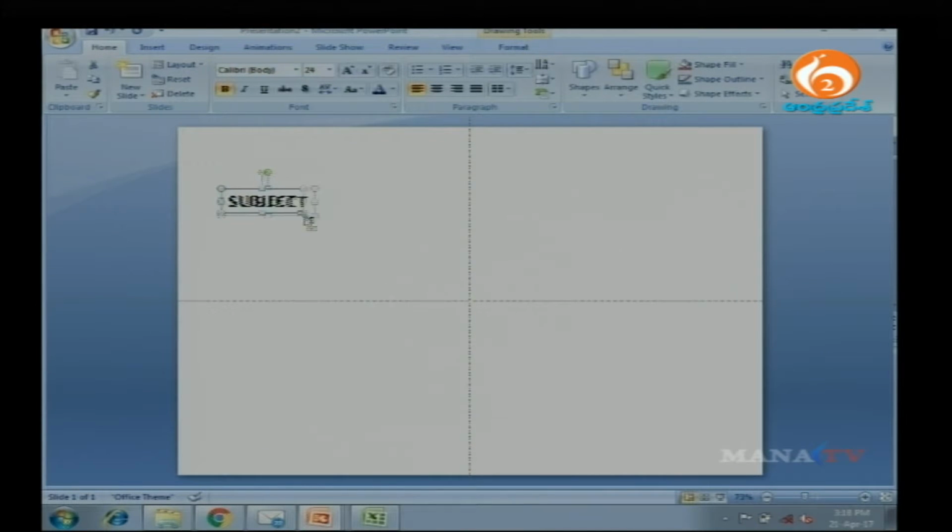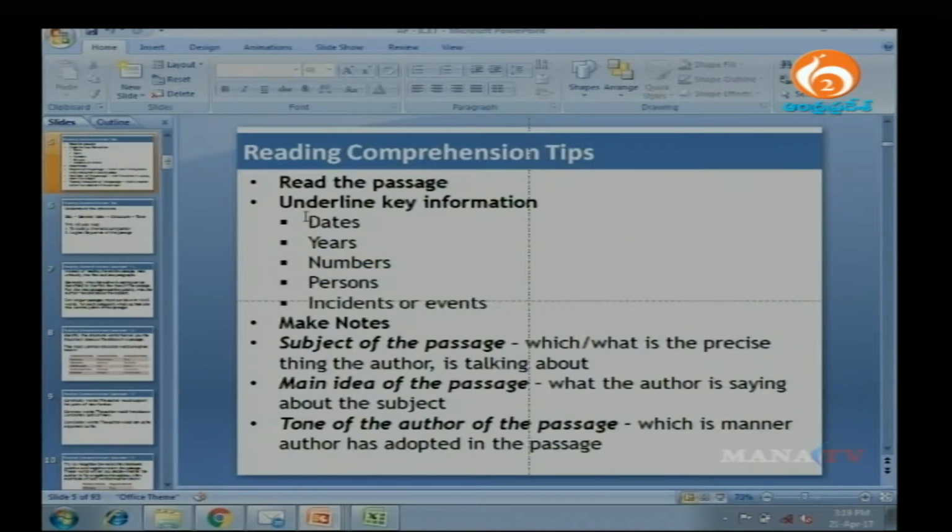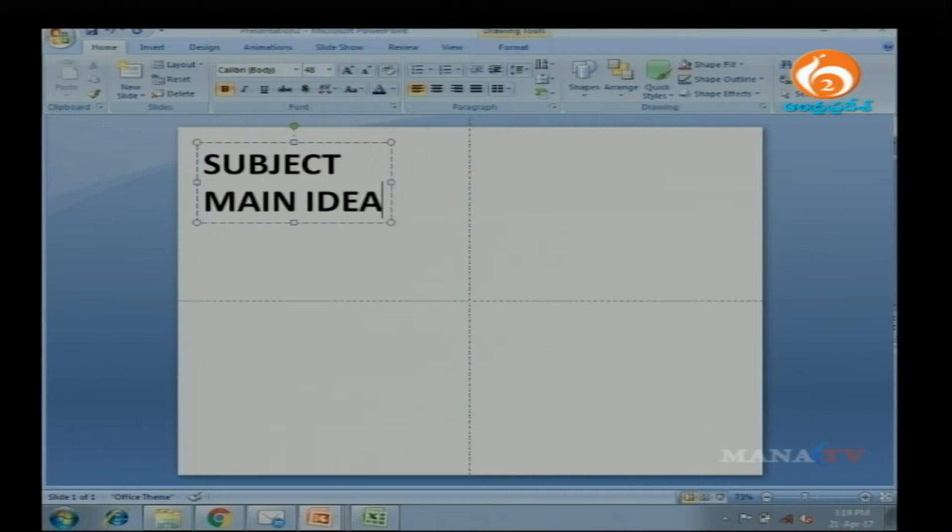I don't want to use the board because it becomes difficult for me to operate the system. Number 1 is subject. Number 2 is the main idea. Number 3, let's go back, is the tone. So these are the 3 things that you need to pay attention to in a particular passage.